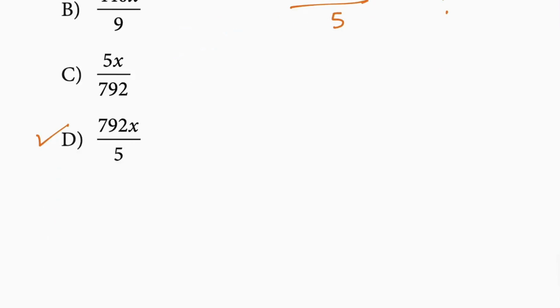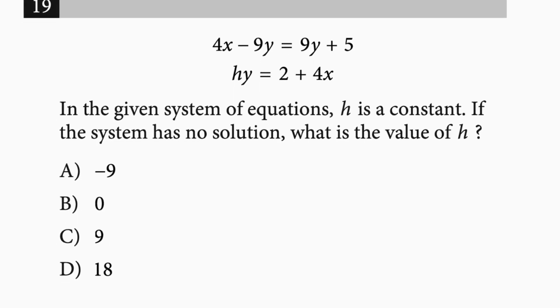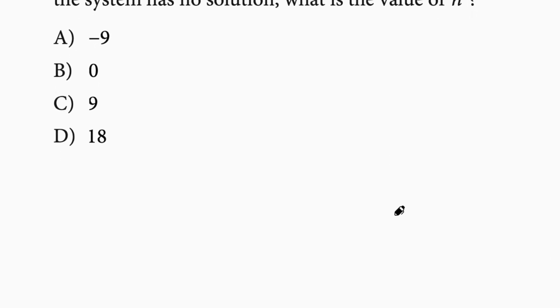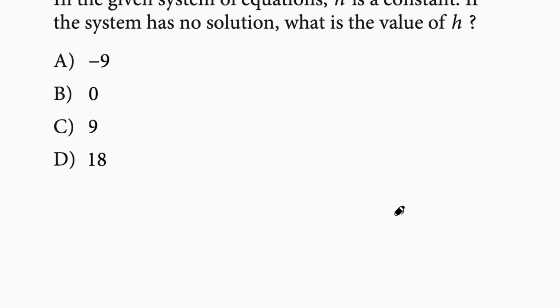Okay. Let's come to question number 19. Two equations are given to us. Question is, in the given system of equations, h is a constant. If the system has no solution, what is the value of h? Let's leave this question here and learn the rule of this question first.